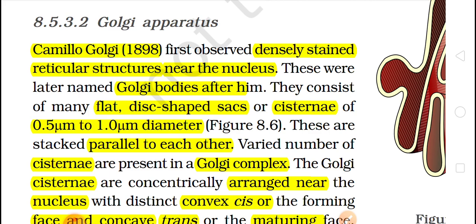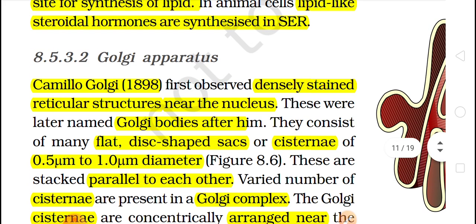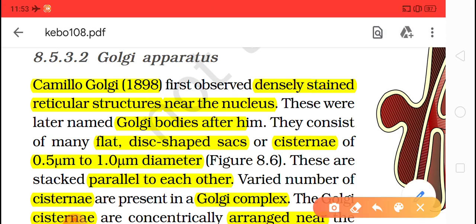Okay, so Camillo Golgi observed some stained reticular structure near the nucleus. Okay, and later they gave the name Golgi bodies after the discovery.